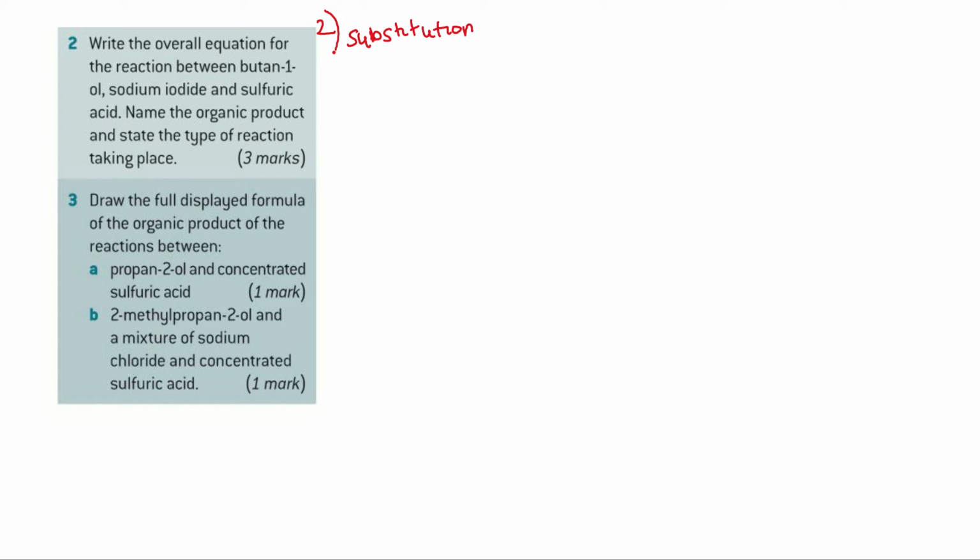So this question 2 that we're doing. So we've got butan-1-ol. I tend to draw it out just so you can see exactly what is happening. So this is butan-1-ol. And we react that with sodium iodide, so NaI, and sulfuric acid.